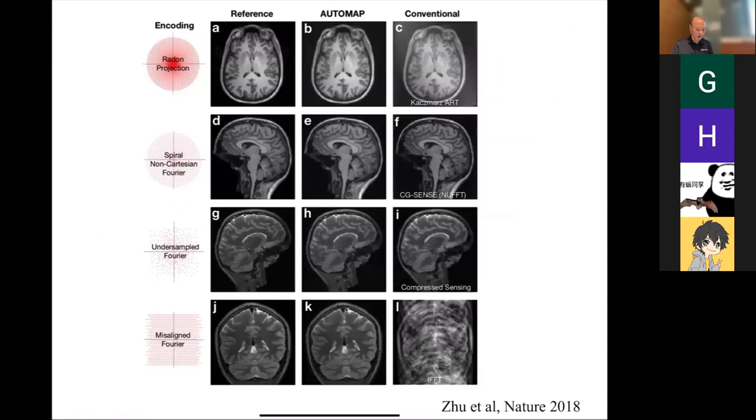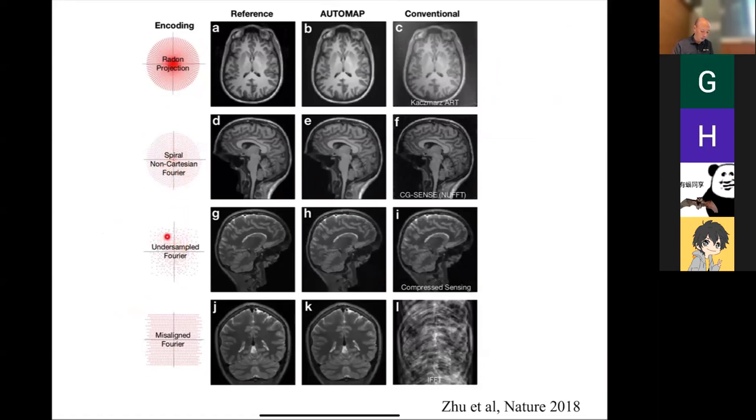So for example, what we're showing you here on the left are different K-space trajectories, okay? Here is a radial, or they're calling it a radon projection, where you're going through K-space in radial spokes, okay? Here you're doing your spiral, okay? So you did a square spiral on your homework. This is an Archimedean spiral.